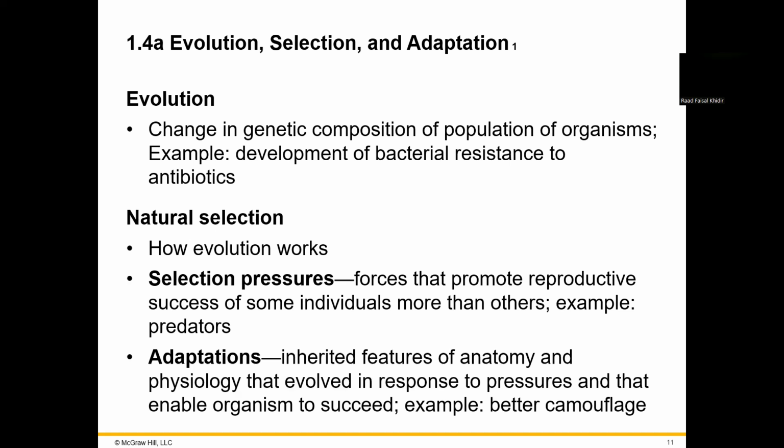Okay? So adaptations are inherited features of your anatomy and physiology that evolve in response to pressures that enable the organism to succeed. Like being able to better camouflage and hide around trees from predators. Also, there's a fish called the balloon fish.